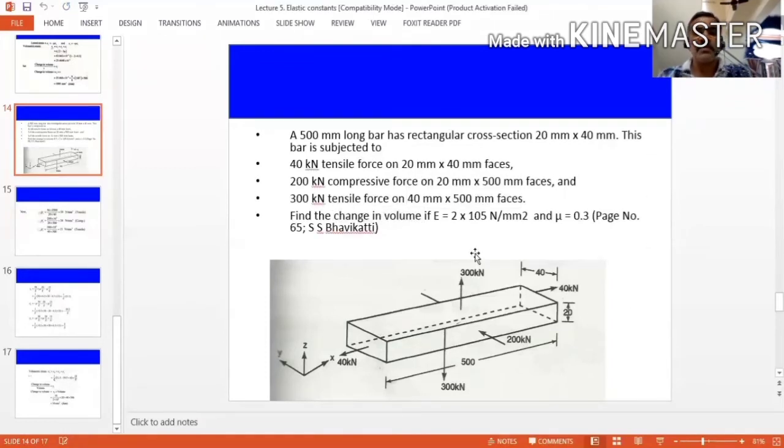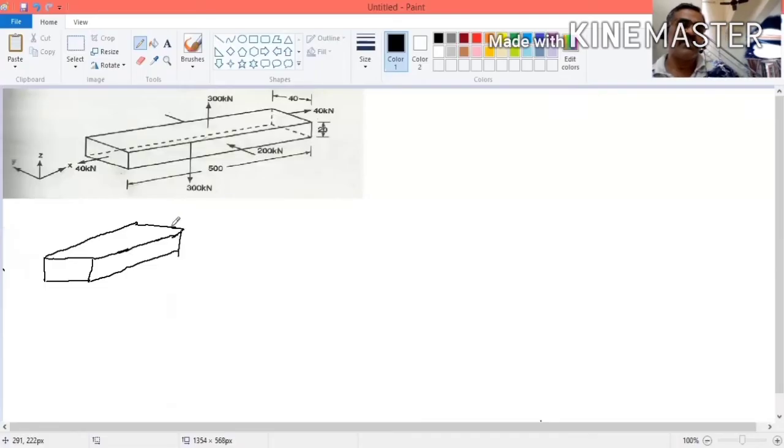I will explain this problem. So this is sigma x. This is sigma y.